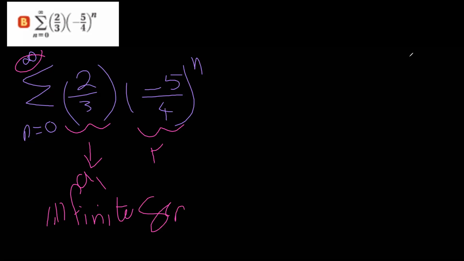Now, before using the infinite formula, what do I have to check? The absolute value of r is less than 1. Now, the absolute value of negative 5 over 4 is what? 5 over 4.